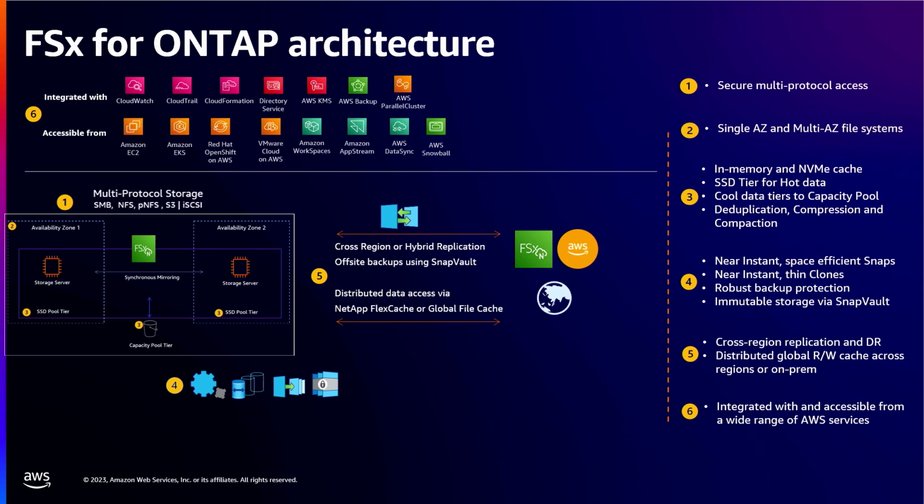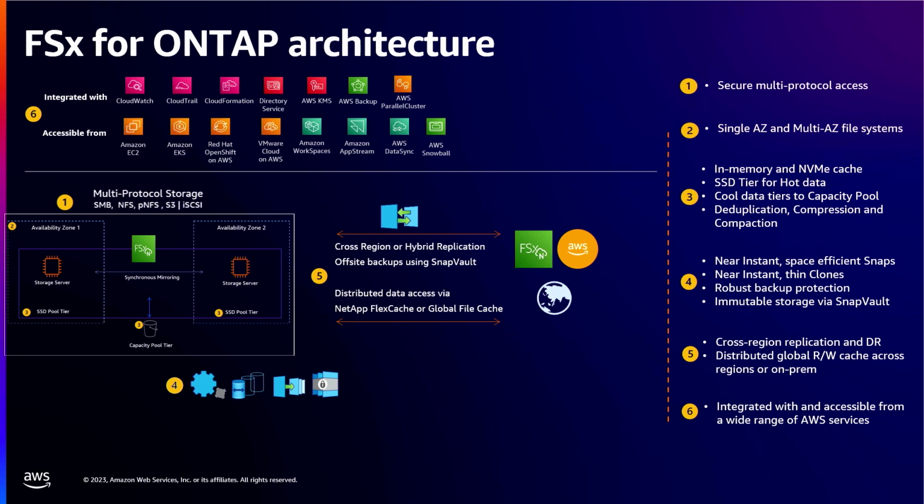And the best way to take advantage of storage is to ensure that it's available, accessible, integrated with a wide range of AWS services. So we have FSx for ONTAP fully integrated with monitoring services like CloudWatch and CloudTrail. It's integrated with AWS Backup for you to automatically take and schedule backups.